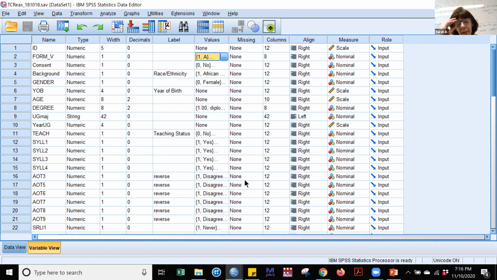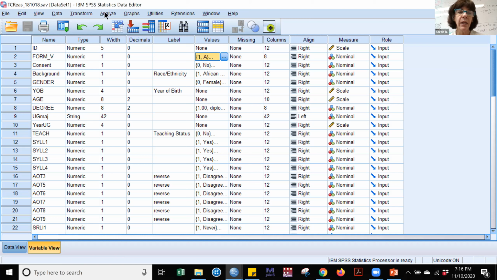The purpose of the study, it's actually a measurement study. And because I specialize in measurement, what I was actually trying to find out was whether there were differences in people's responses, depending on whether they completed Form A or Form B. So one of the things I'm going to look at right away, before I even go on to the other variables, is how many people I have and how many people answered each form.